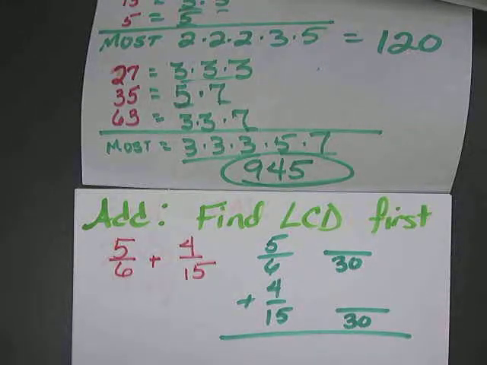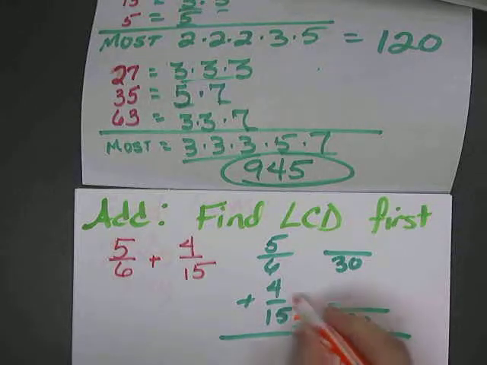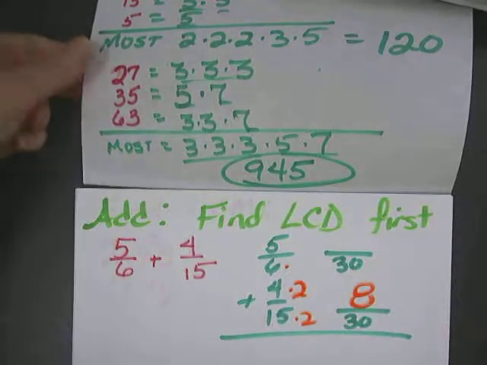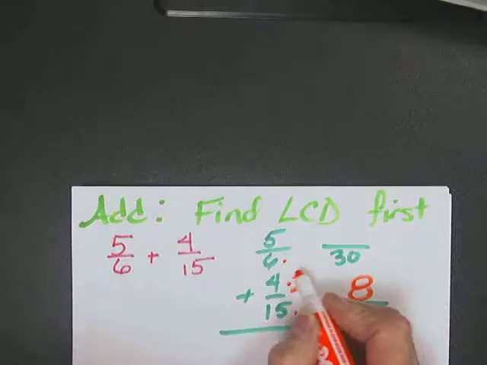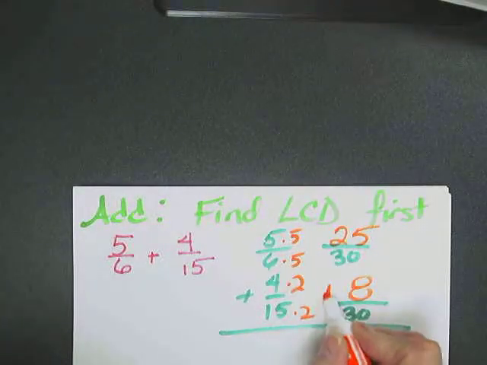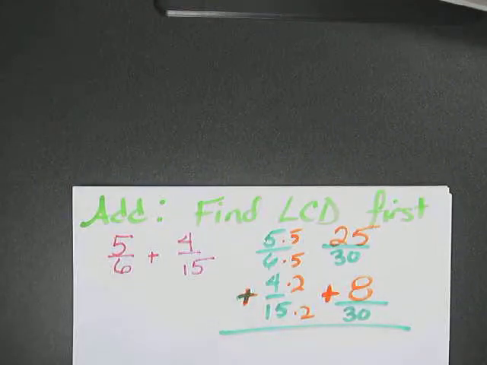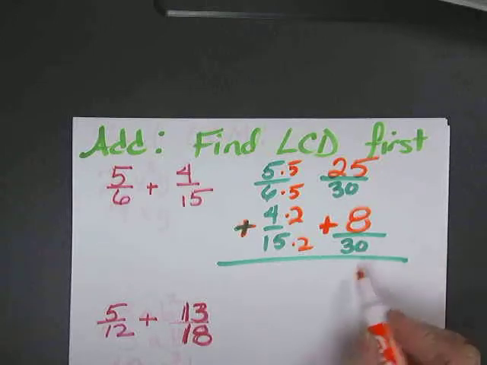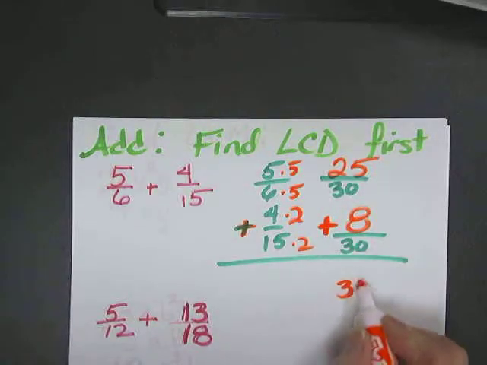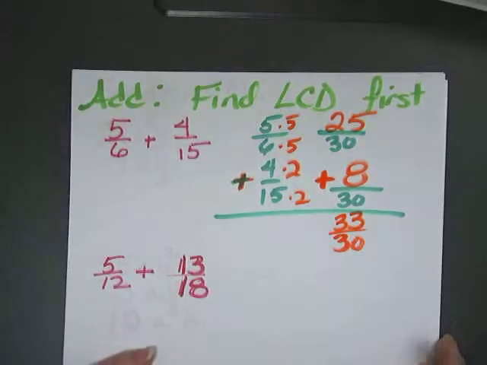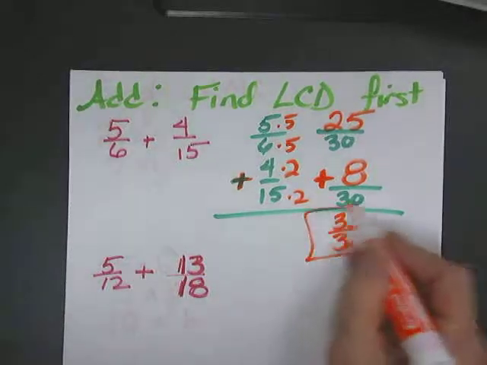So 15 times what is 30? 2. So this one's 8. 6 times what? 5 is 25. Write that plus from here over here so you don't miss it. 33 over 30, since 25 and 8 is 33.